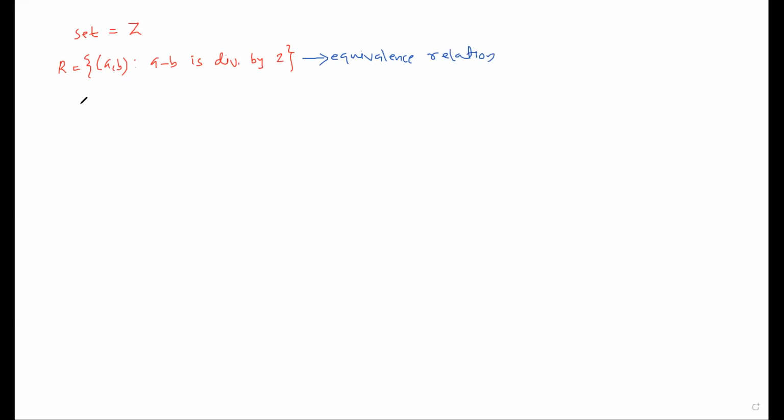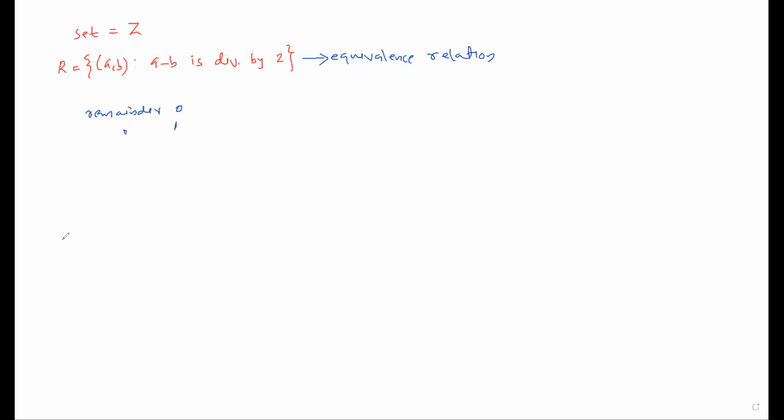Okay, so according to this equivalence relation, I can divide the set integers into different parts. Divisible by 2 है तो क्या क्या हो सकते हैं? Remainder can be 0, remainder can be 1, isn't it?